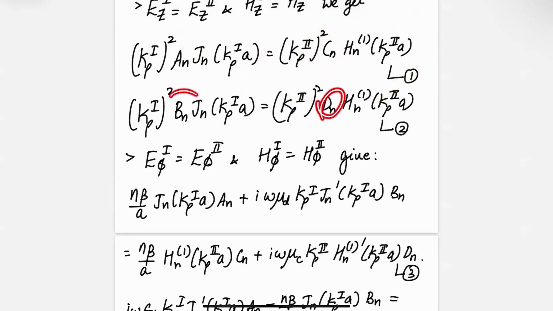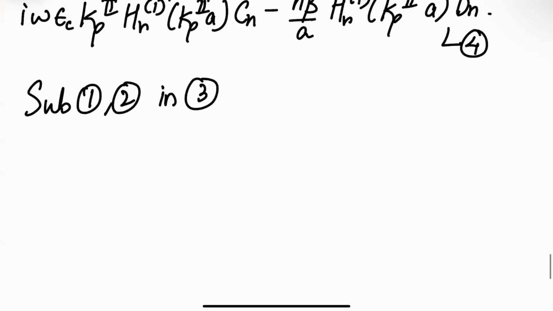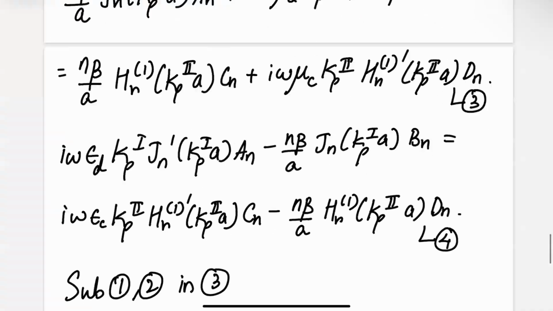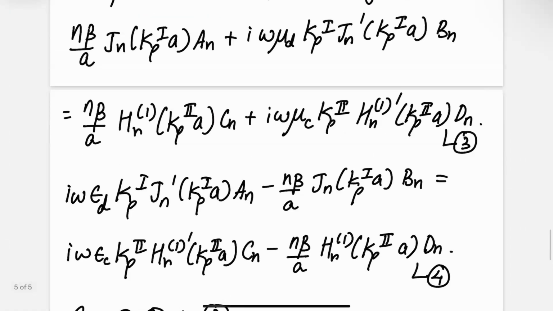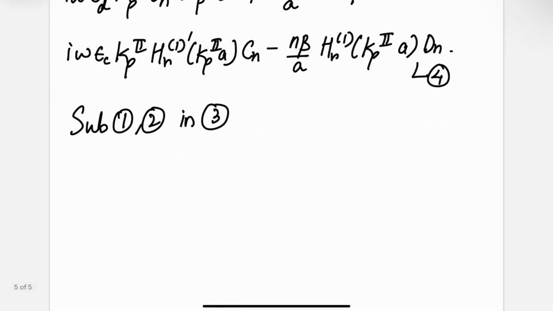And in place of D, I'll write it as a function of B. So that gives me C in terms of A and D in terms of B. I substitute that into these two equations where I have C and D. Right, so I substitute C and D here and here with the values up there, and that gives me two equations and two unknowns, which is An and Bn.